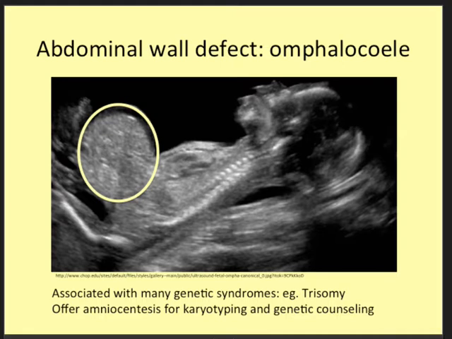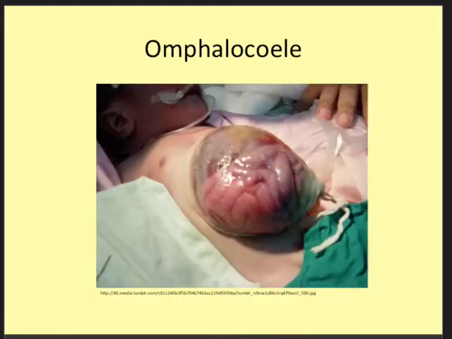This is a condition associated with many genetic syndromes and especially trisomy, so amniocentesis is the usual next step to check for any abnormalities here, and genetic counseling will take place. Of course, a discussion needs to take place whether this baby can be born by normal vaginal delivery or whether it should be a primary elective caesarean section.